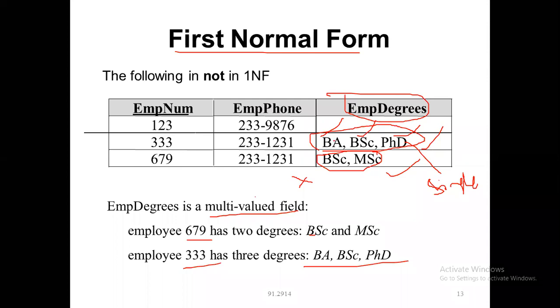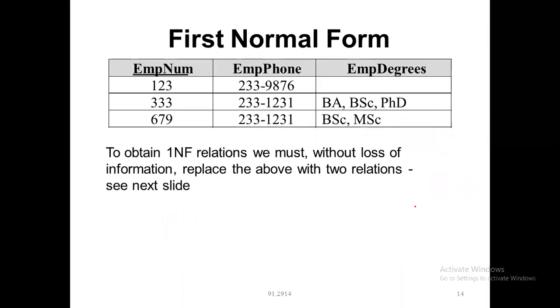Because for each and every degree, we have something like a hall ticket number or reference number where we segregate them. So I should not store the entire value in a single field. The first normal form says that if you have any data like this, you should separate it. So what is the solution for this? The solution is like this.